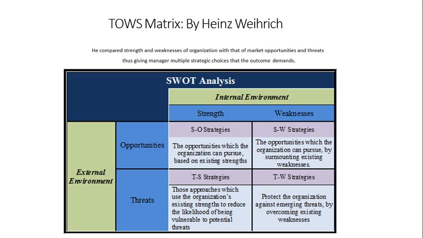When you see WO, what are the opportunities which the organization can pursue by surmounting the existing weaknesses? By tackling the existing weaknesses, what more opportunities outside the organization can be found very easily? So this is the format of TOWS analysis, in which it can be done very clearly.